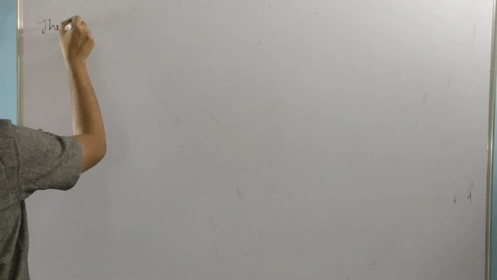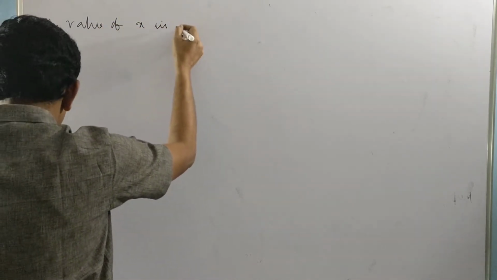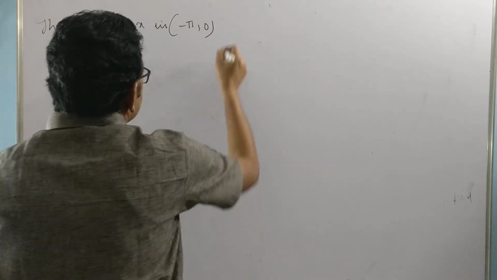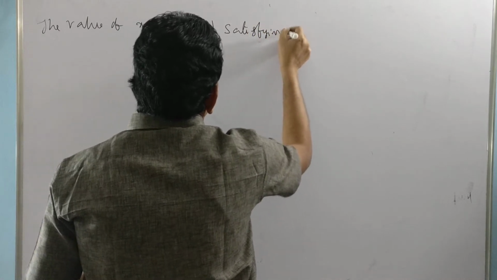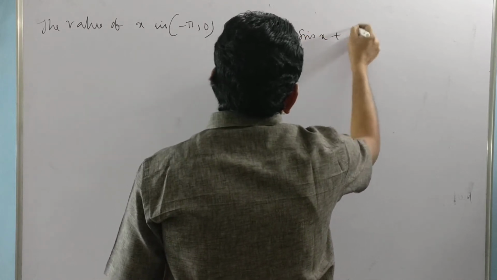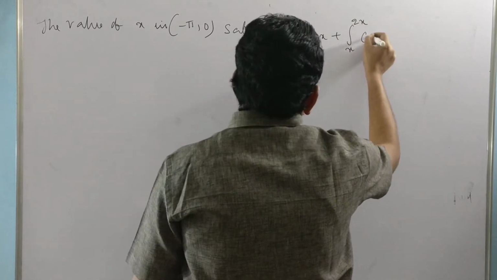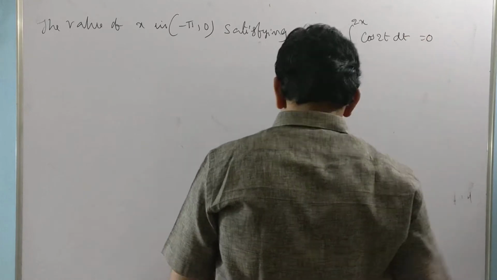Next one: the value of x in the interval (-π, 0) satisfying sin x plus the integral from x to 2x of cos 2t dt is equal to 0.